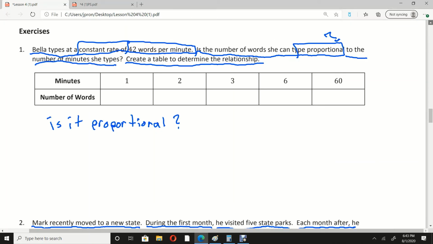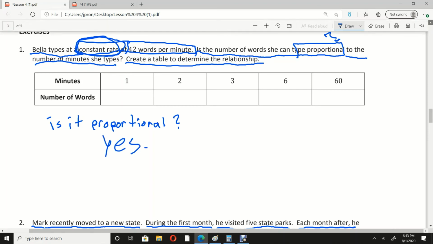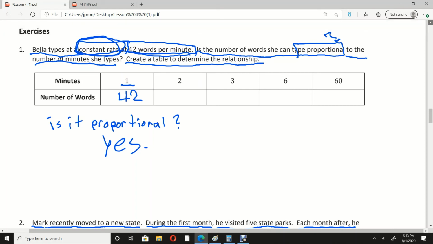All right, so in exercise one, fantastic work, by the way. Thank y'all for working so hard. In the first problem, Bella types at a constant rate. So already I know it's at a constant rate. Is it proportional? Yes, already. Okay, great. 42 words per minute. So the first minute she'll have typed 42 words in that minute. Then the second one she'll have doubled that.